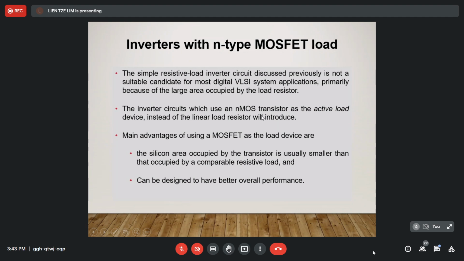This means the load resistor will be replaced with an NMOS transistor, used as the active load device. The advantages of using a MOSFET as the load device are that the silicon area occupied by the transistor is usually smaller than that occupied by a comparable resistive load, and it can be designed to have better overall performance.